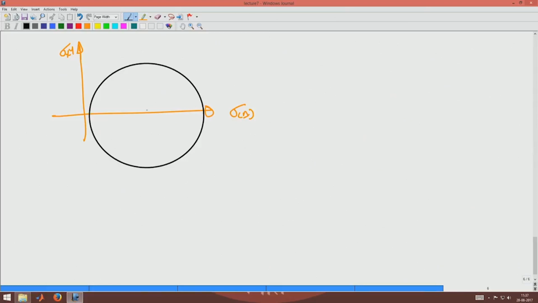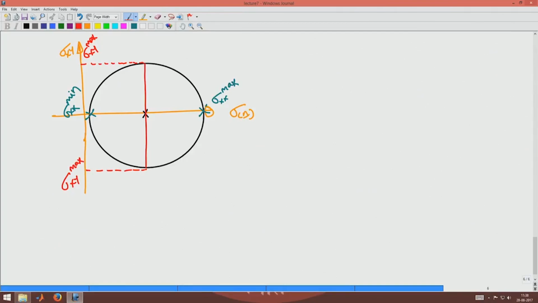The center of the circle is this point, and these points represent the extremum normal stresses, sigma xx max and sigma xx minimum, and this line represents sigma xy max. Similarly, this is sigma xy max.